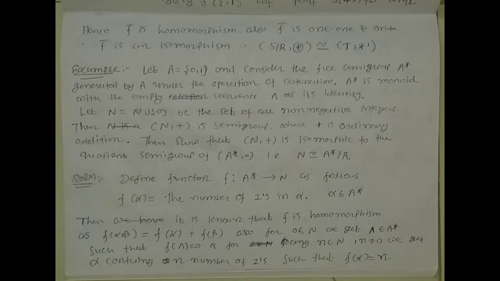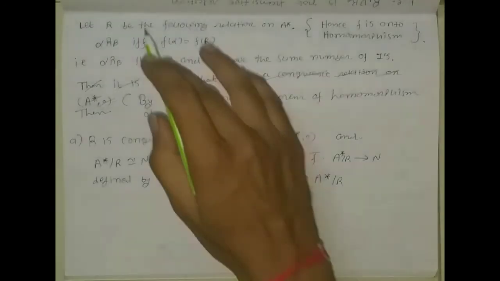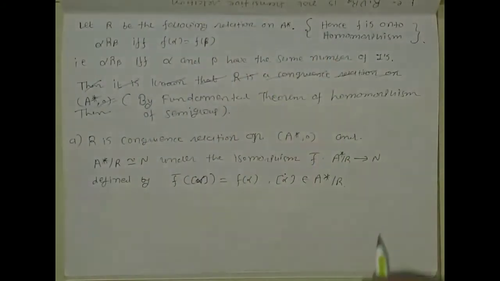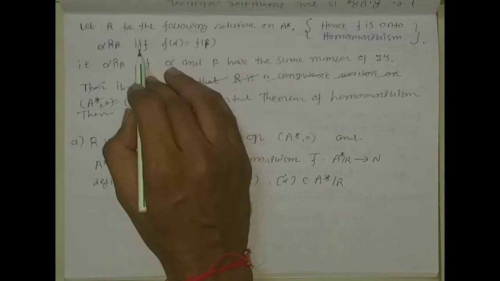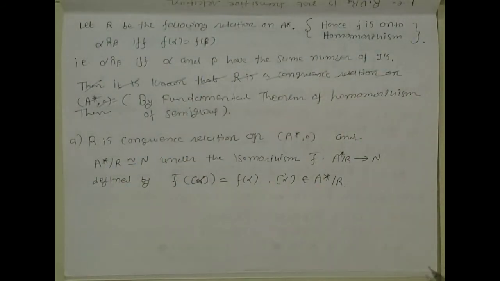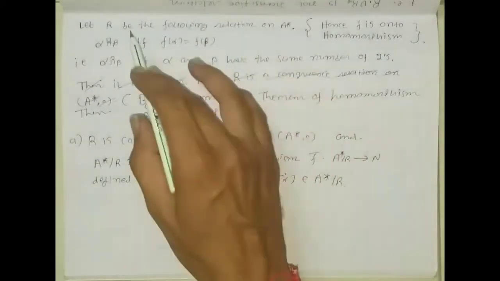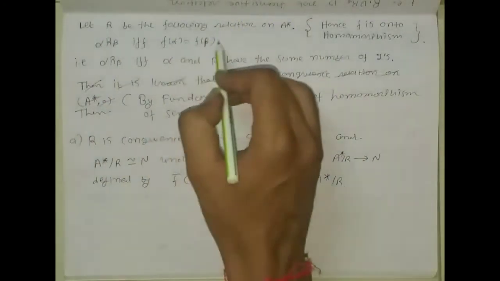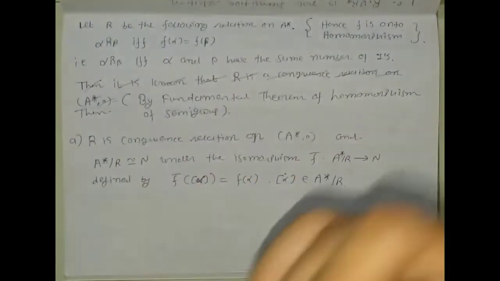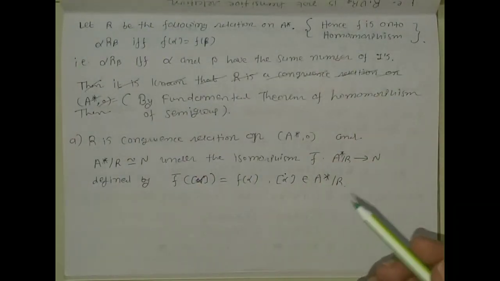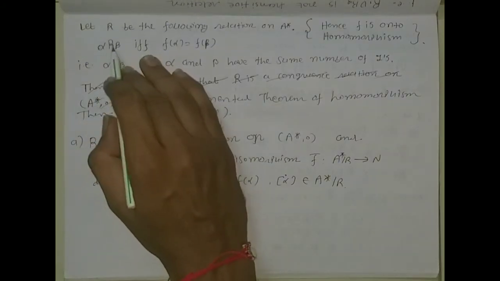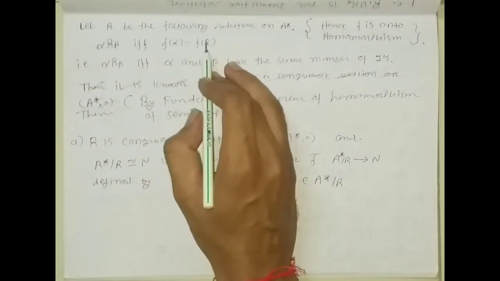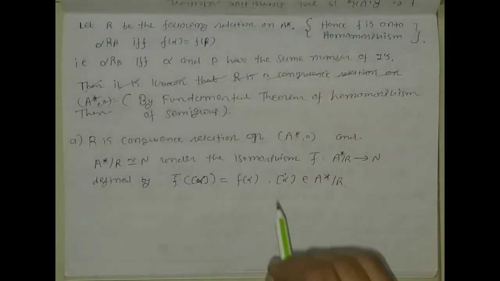Now we define a relation R on A star. Let R be the following relation on A star: alpha is related to beta if and only if f of alpha is equal to f of beta. We define relation R on A star in this way because we are going to use the fundamental homomorphism theorem, and f is our onto homomorphism.